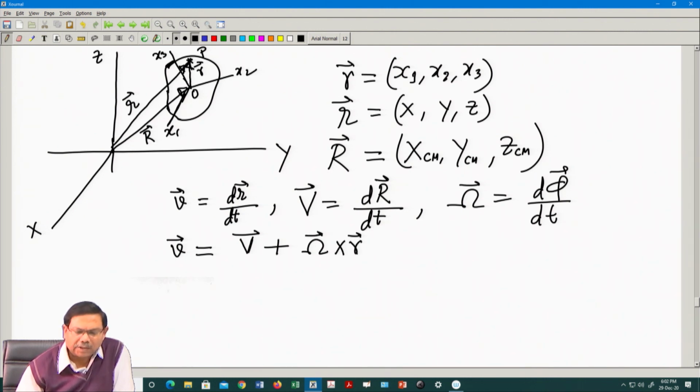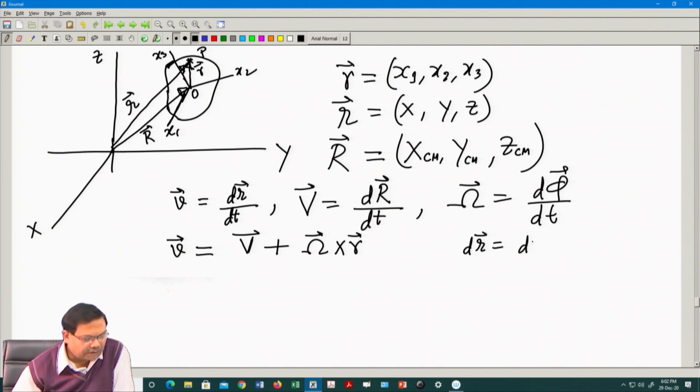This r is the radius vector as seen from the moving frame of reference, which is fixed in the rigid body.